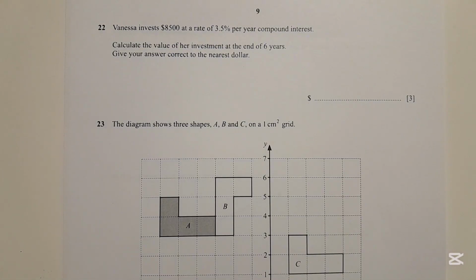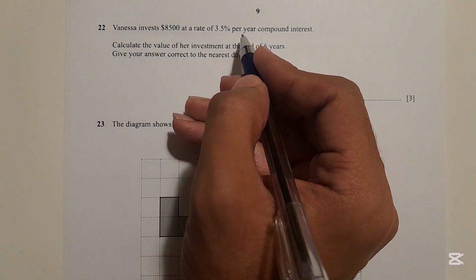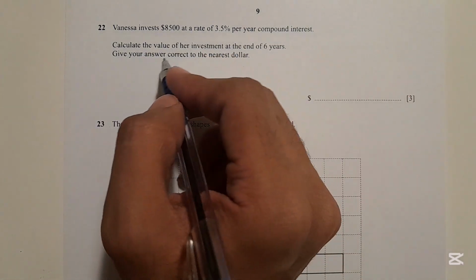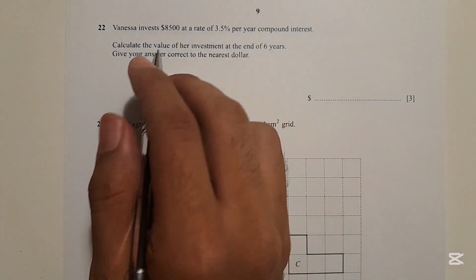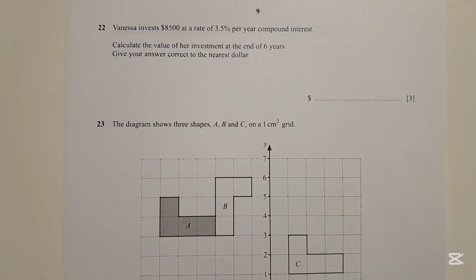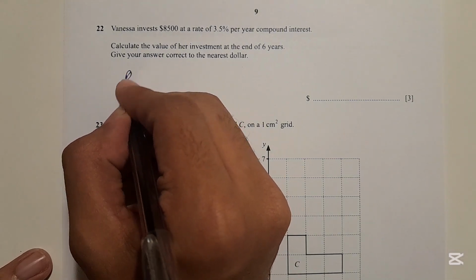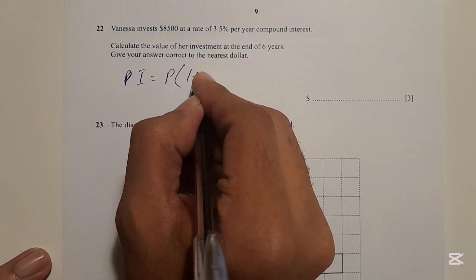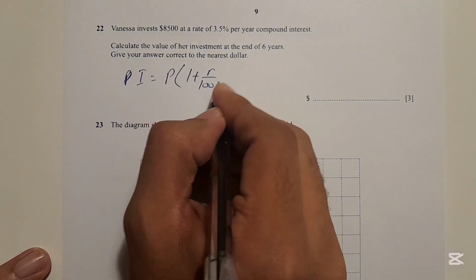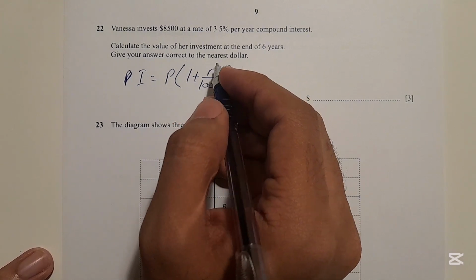Question 22 states Vanessa invests $8,500 at a rate of 3.5% per year compound interest. Calculate the value of her investment at the end of 6 years. The formula for compound interest is I equals P, brackets open 1 plus R divided by 100, brackets close, to the power of the number of years.